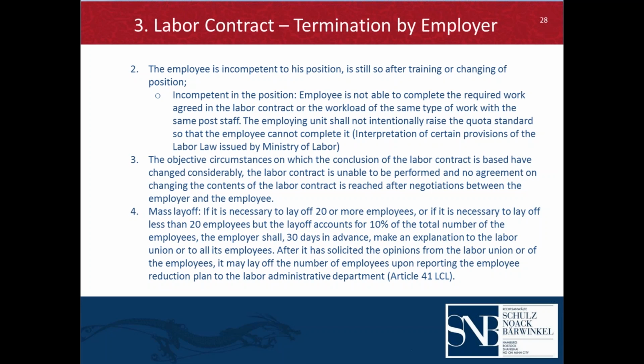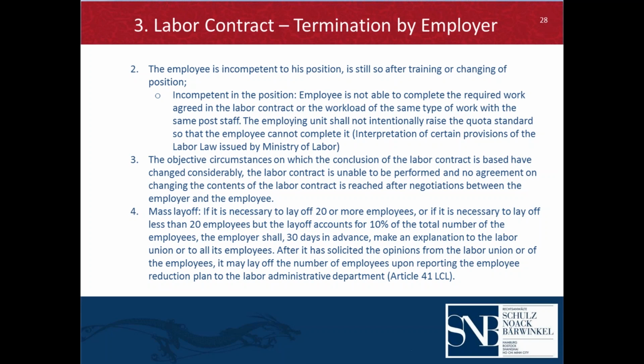Here you see why it's very important to stipulate in the labor contract the exact working requirement. The more detailed this description in the labor contract is, the better chances you have to find a valid reason to terminate the employment contract.